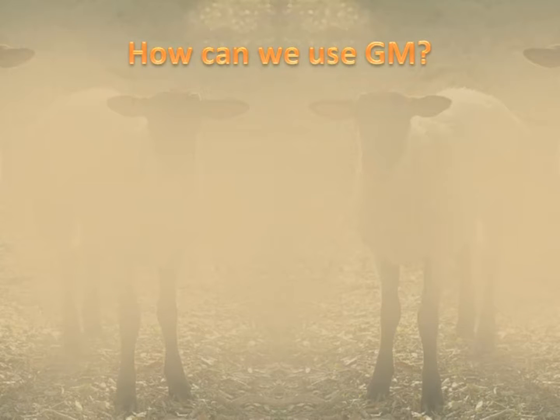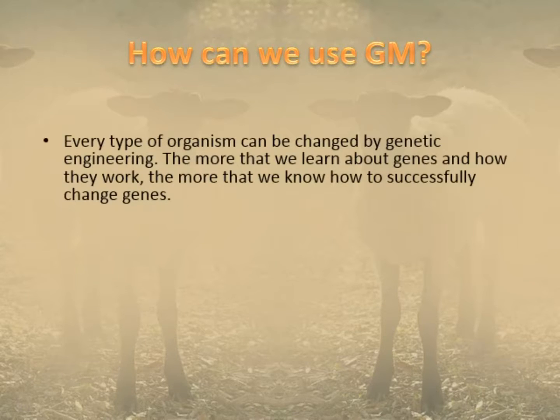So how can we use GM? Well, it should be obvious, but every type of organism can be changed in any type of way. Now, literally that means we can do anything to any creature, which kind of sounds horrible. So we need to learn more about genes to understand how they work, so that we know how to successfully change genes and change them in a way that is responsible.